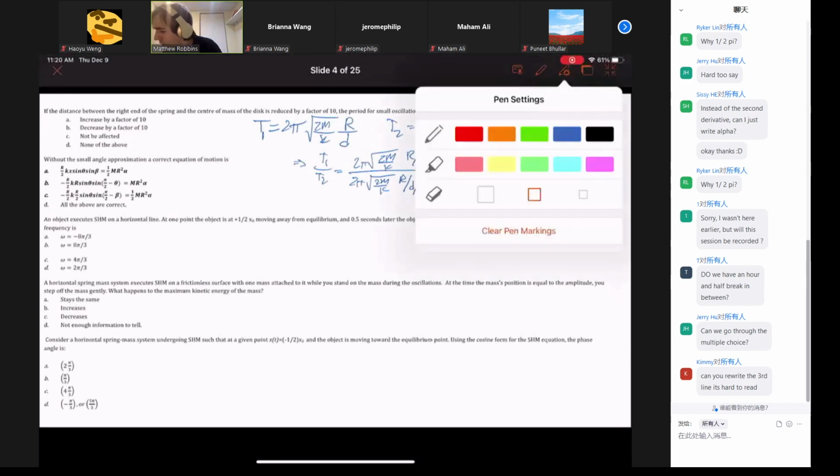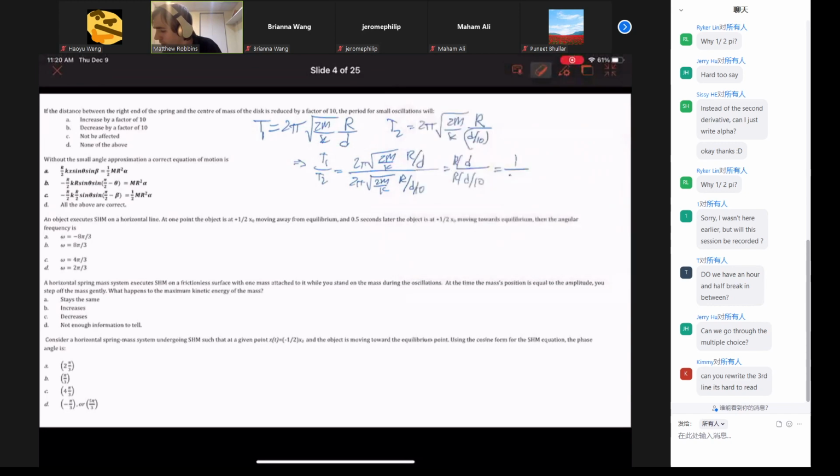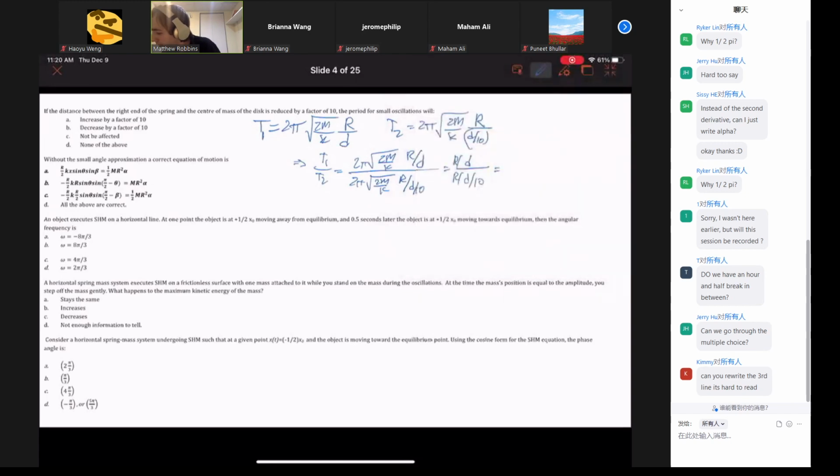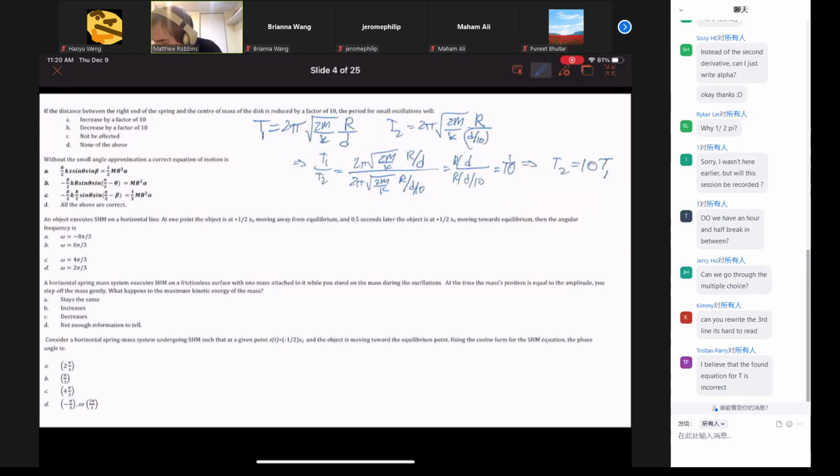I believe it should just be equal. That is equal to 1 over 10, which means that T2 is equal to 10 T1, which means that the answer is going to be A, and I'll let Dida know about that.